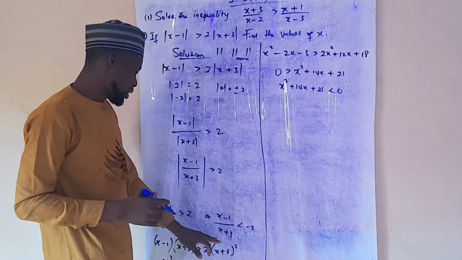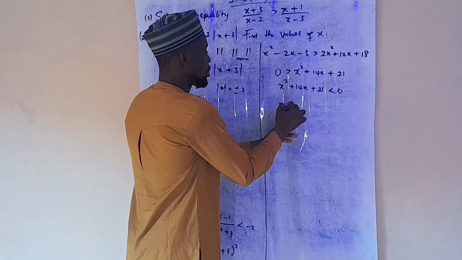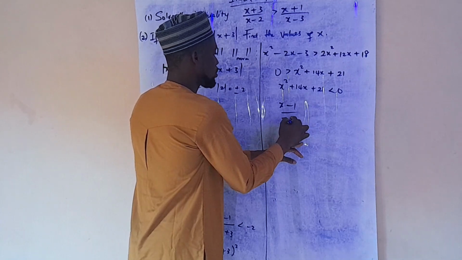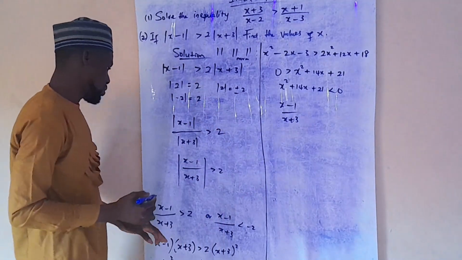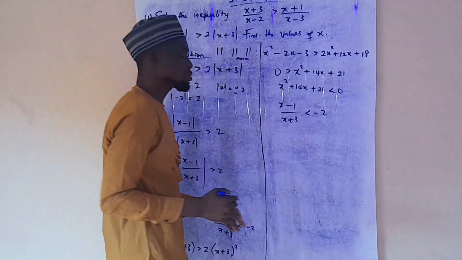Then for the second, I have x minus 1 over x plus 3 less than minus 2.